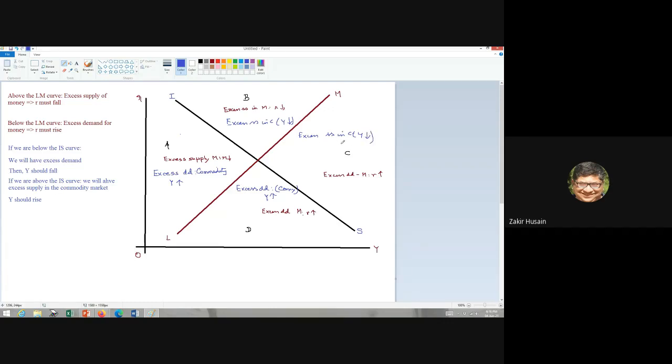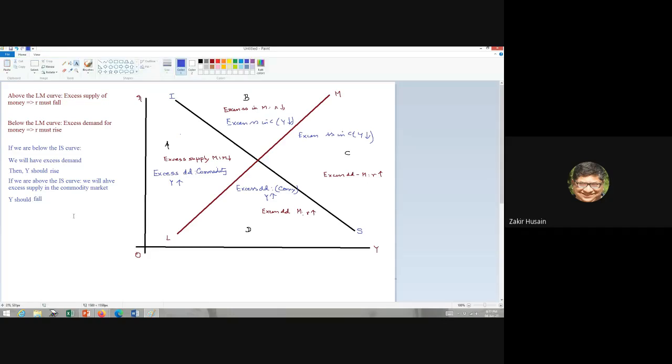This is also above the IS curve. Okay, excess demand means Y should rise in response, and here Y should fall.